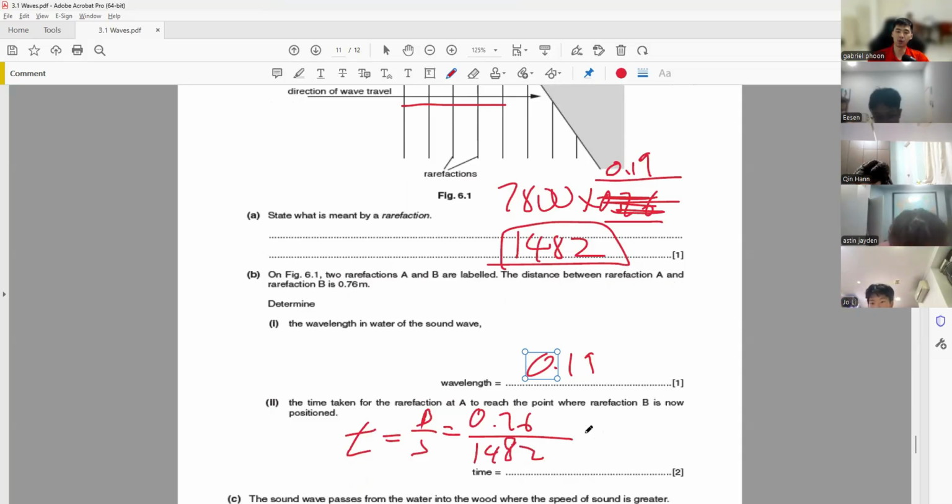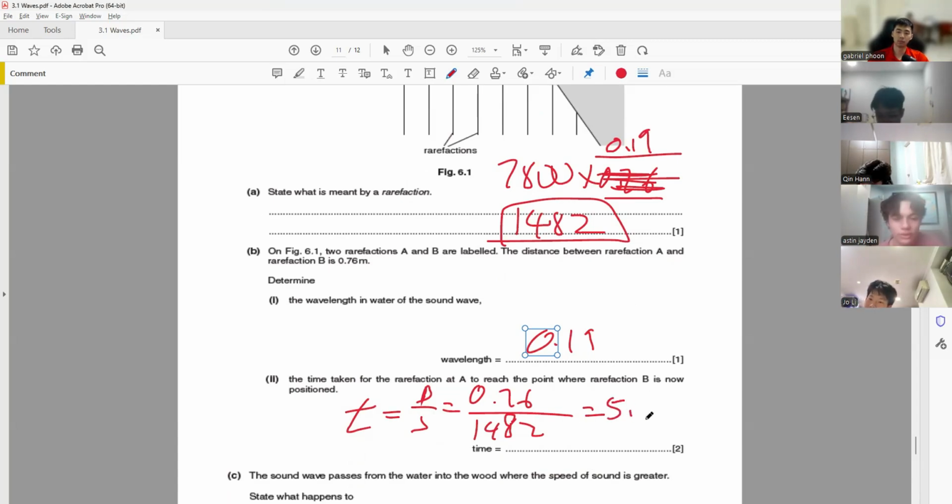1482. Press your calculator again and find out how much is the time. It's 5.128 to the power of 10. No, times 10 to the power of 4. Times 10 to the power of 4? Are you sure? Yeah, I put that number. First and foremost, even if I take 1 divided by 1000, it'll be an extremely small number already.